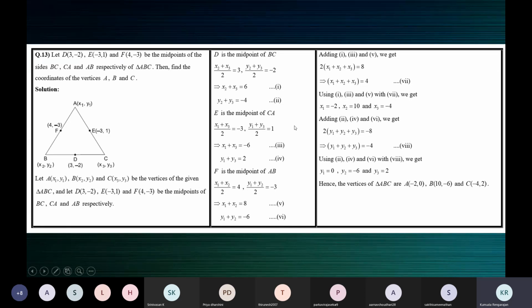Yes, ma'am. Yeah, that's what I said. Once you get x1, x1 is minus 2, you can substitute in these equations also. You can substitute x1 here to get x3, and you can substitute x1 here to get x2.